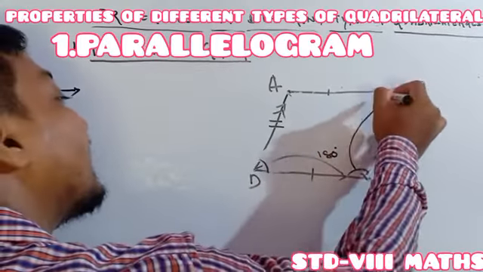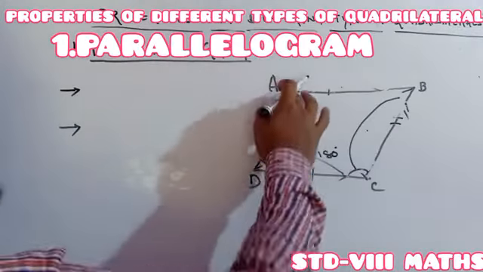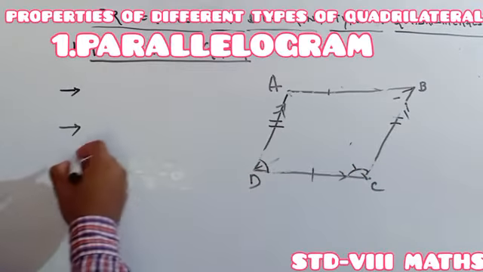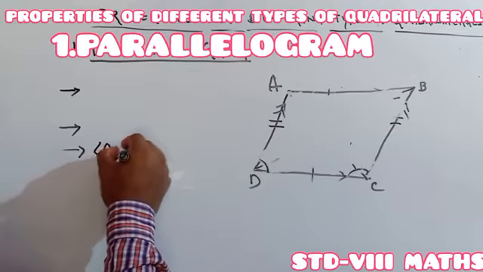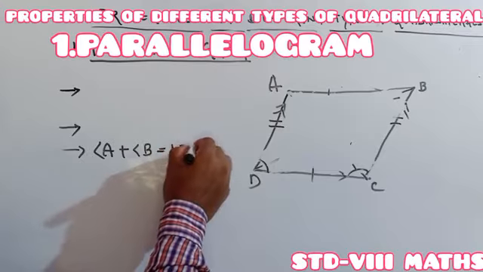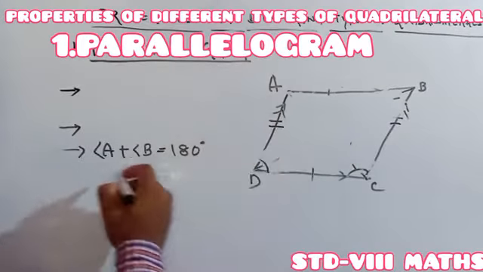This angle plus this angle is our 180. This angle, it is our 180. Also this angle is our 180 degrees. I am saying that angle A plus angle B is our 180 degrees. A and B are adjacent, also A and D are adjacent.